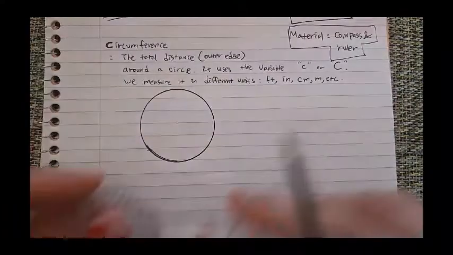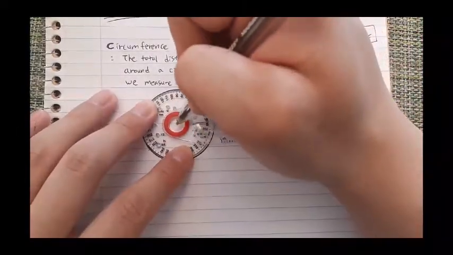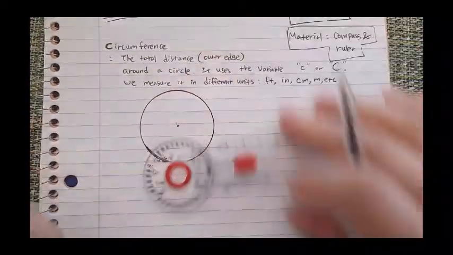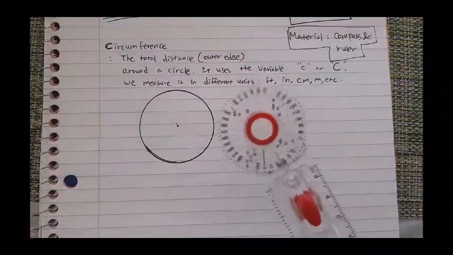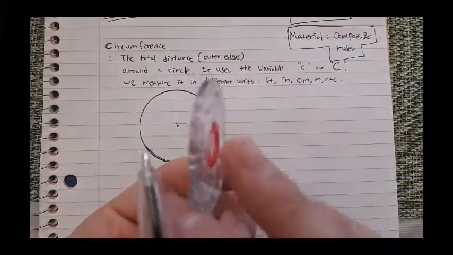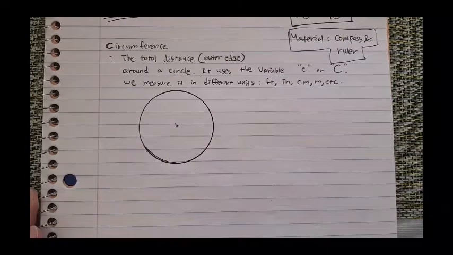Where was my center? Okay, the center is located over there, right below this point. This is a little disadvantage of using this because I cannot actually penetrate this center, so I have to use a little bit of estimation skill.